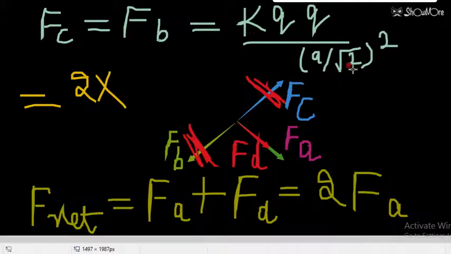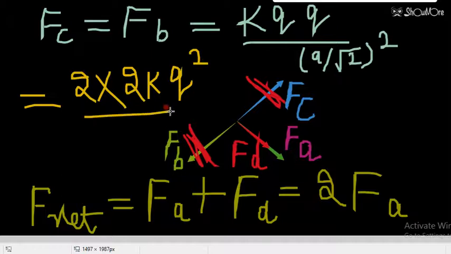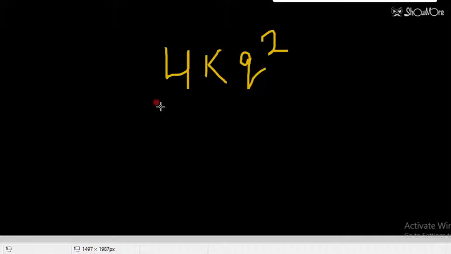So this will be 2 times this, so 2 into 2 into K Q square by A square. If I further solve, 2 2's are 4, so my net force will be 4 K Q square by A square.